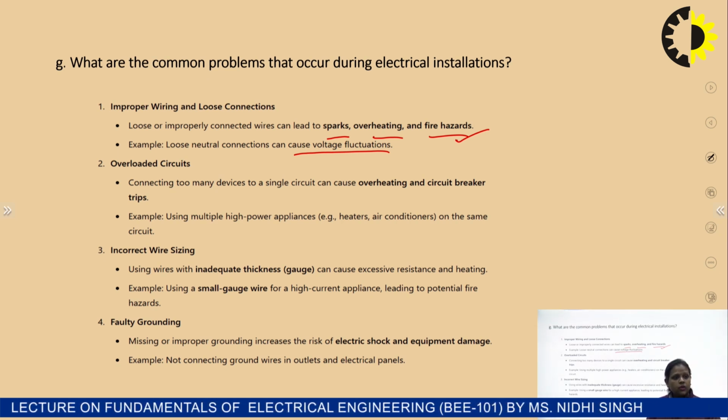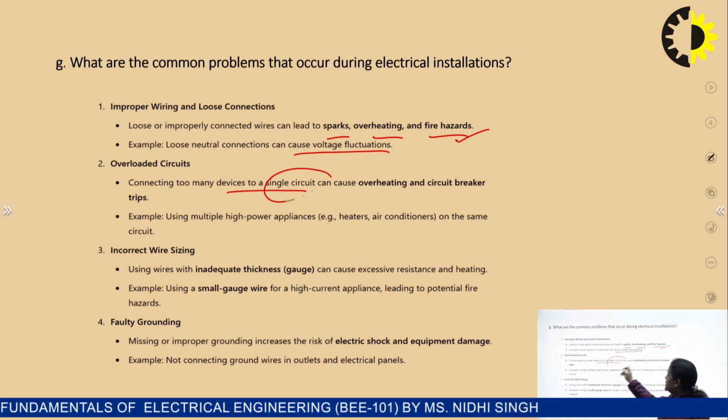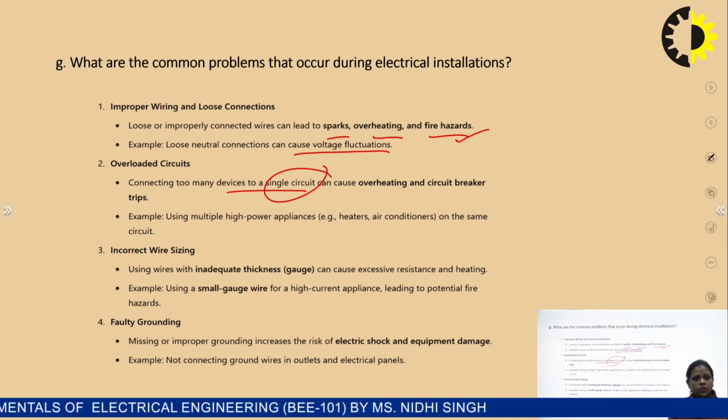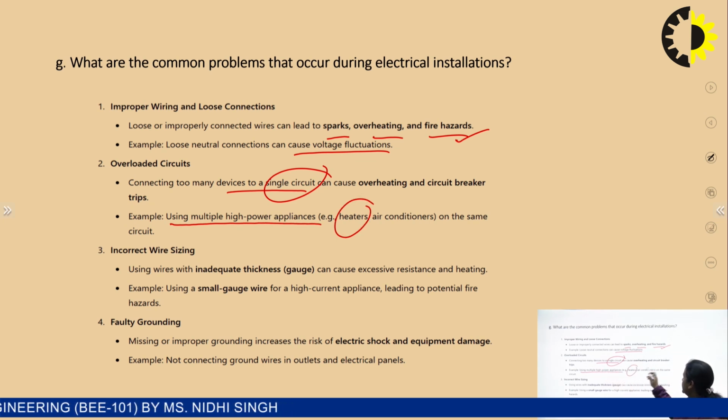Then overloaded circuits: connecting too many devices to a single circuit may cause overheating and circuit breaker trips, like using multiple high power appliances like heater and air conditioner on the same circuit, right?